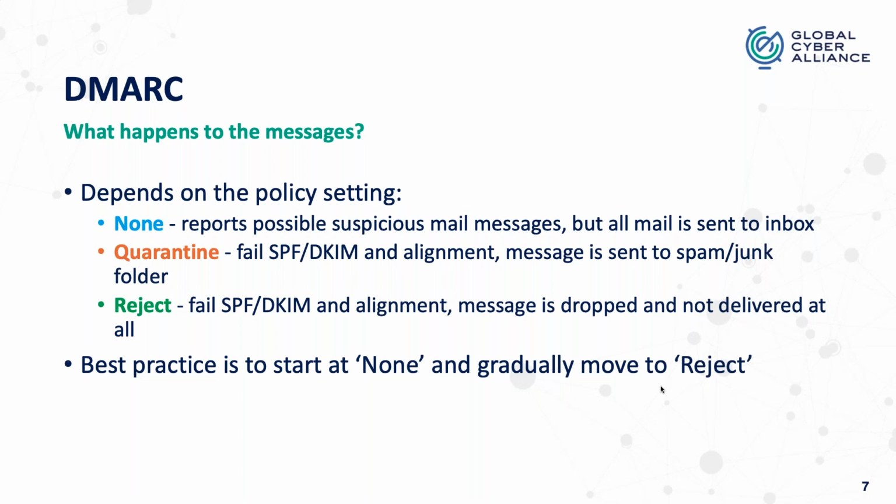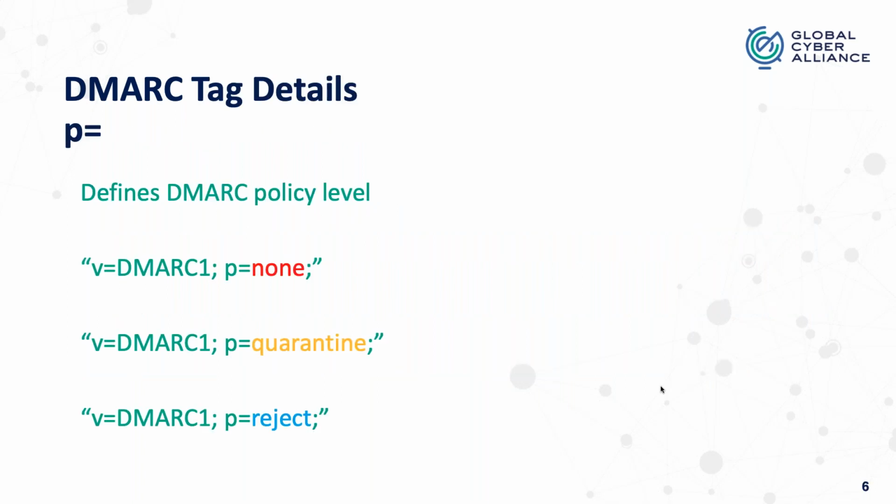Now, the other thing you have to take into account is that just having this and stopping here is not going to be useful to you, especially if you're at p=none, right? Because if you're at v=DMARC1, semicolon, p=none, semicolon, and that's it, you have a DMARC policy in there, but that DMARC policy is doing nothing for you. It's not doing a thing, right?